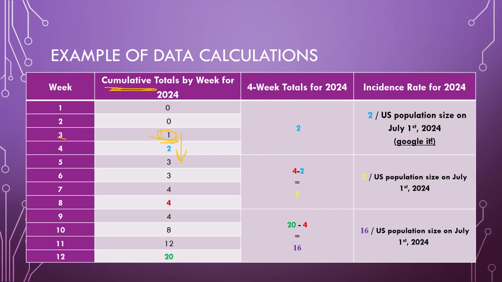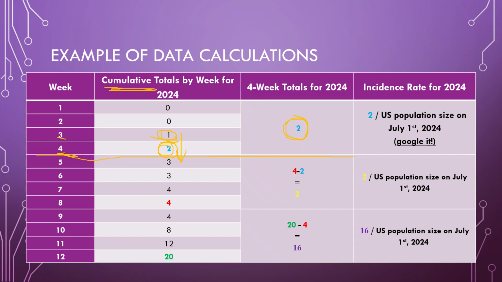By week 4, we see 2, except this is total number of cases. So there are now 2 cases. There was 1 case in week 3 and 1 case in week 4, giving us a total of 2. Now that does cut off that 4-week period, and what we see is 2 total new cases for that 4-week period.